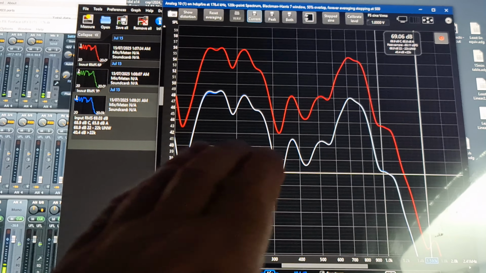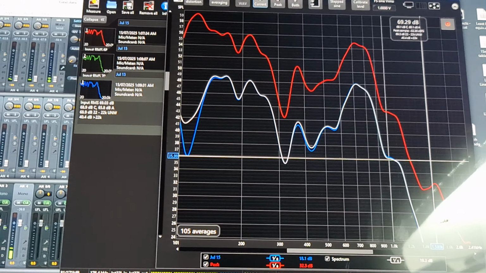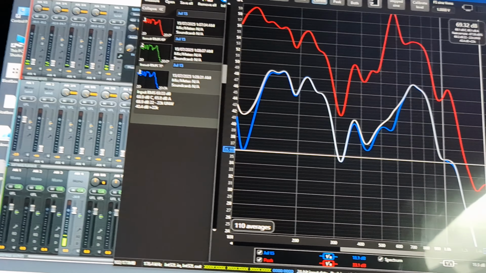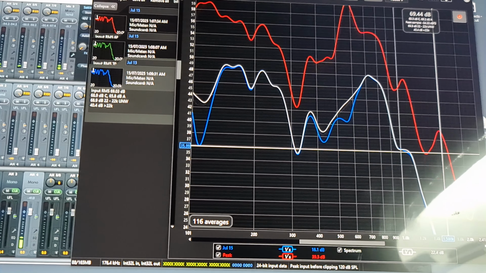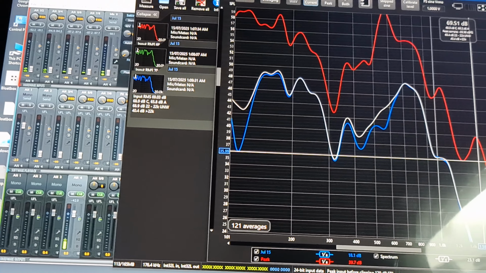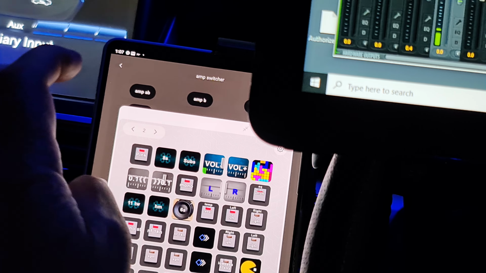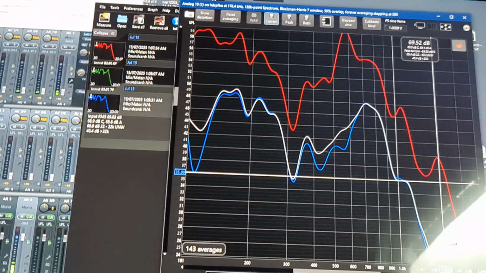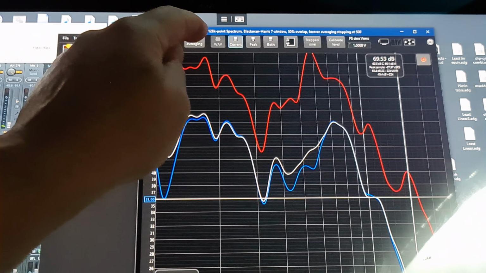So that difference of that little 0.5 that I have here and there, I'm not sure if that's the op amp or just random background noise addition. So now I'm swapping amps. And now I'm going to reset and stop talking.